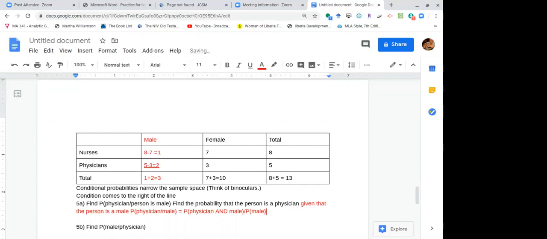Notice that what I said about binoculars, this is not the whole sample space now. This is just the males. So this is actually two probabilities that reduce to, as Jane said, 2, because there are 2 male physicians out of 3 males. So this is 2/3.